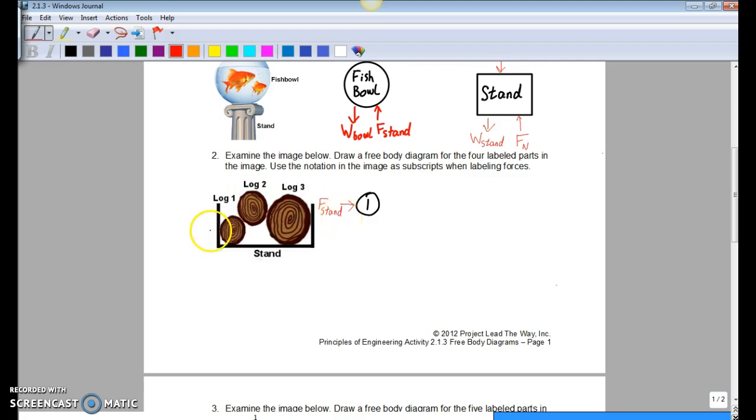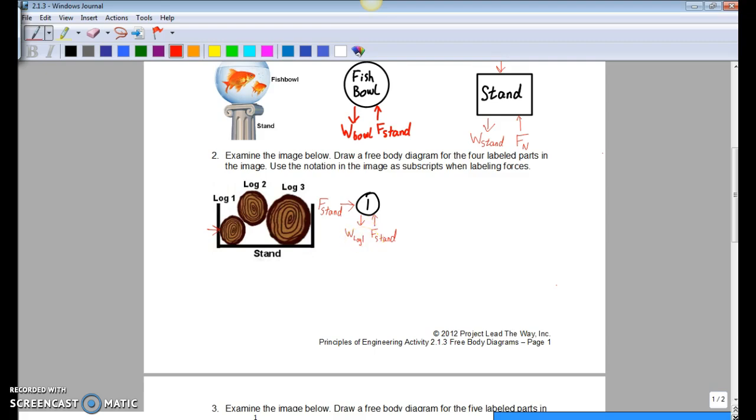And so we've accounted for the force against the log so that the stand keeps it in place from the side, but we also have force of stand from the bottom as well. The reason I put it off to the side is we always consider that force of gravity. So I'm going to call that weight of log 1.